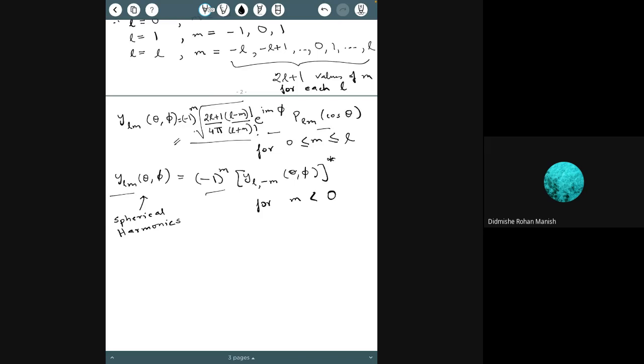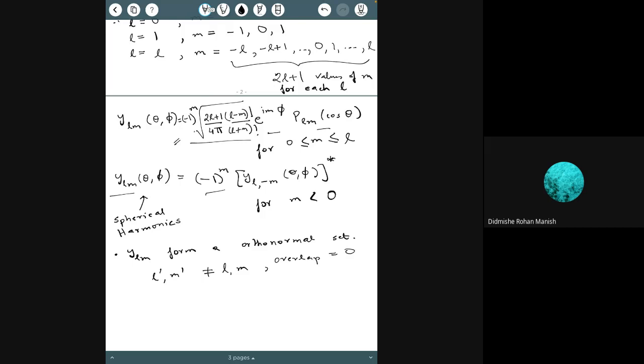Now, the most important property, of course, is that Y_LM form an orthonormal set. Which means if you have L' M' not equal to L M, then the overlap is 0.